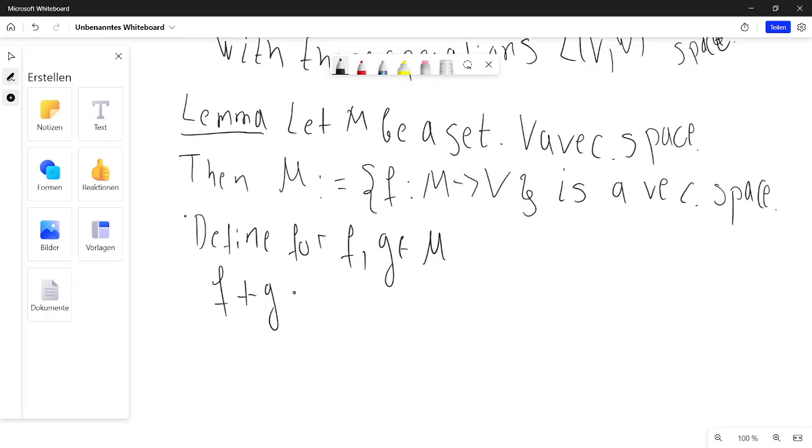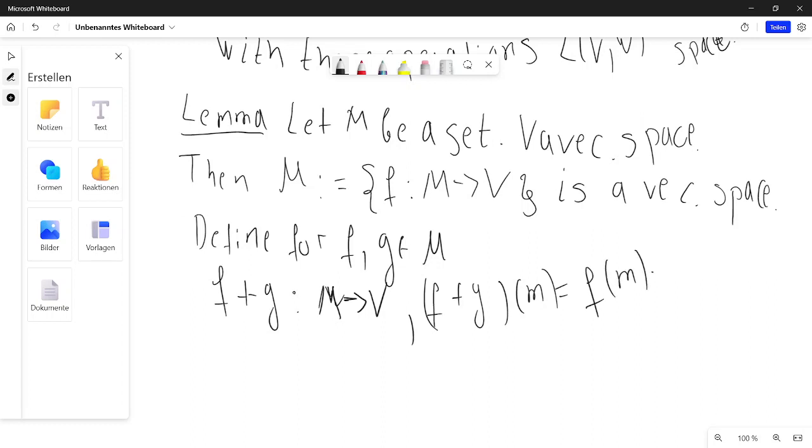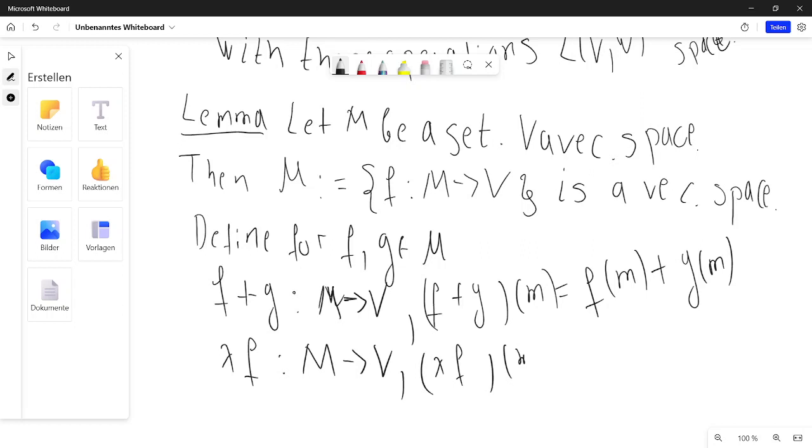Again, that's a function, of course, that goes from M again to V, not curly M, but just M. And it just maps f plus g maps the m to f of m plus g of m. And you see here already that what we define actually only depends on where we evaluate it. I mean, structural properties only depend on where we evaluate it, nothing else, right?